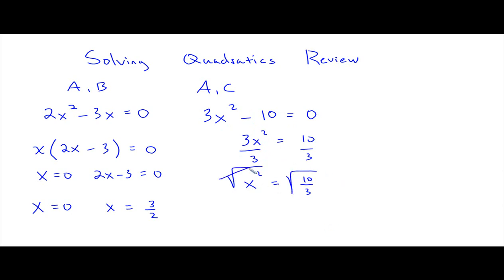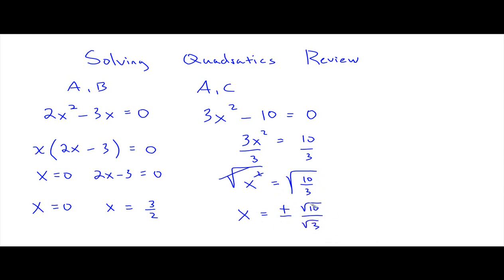So when you do that, the square root and the exponent cancel each other out. So we end up with x is equal to. Now remember, you need to have a plus minus every time you square root both sides of an equal sign. So we have a plus minus, and I would recommend splitting this up. This is square root 10 divided by square root 3. And you want to try and simplify this.